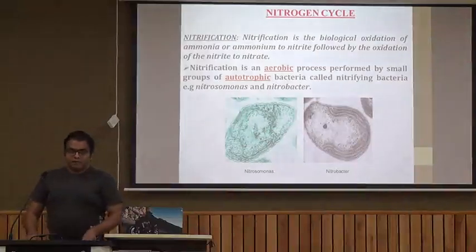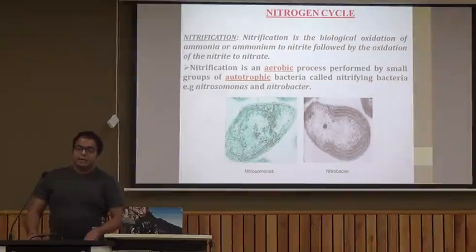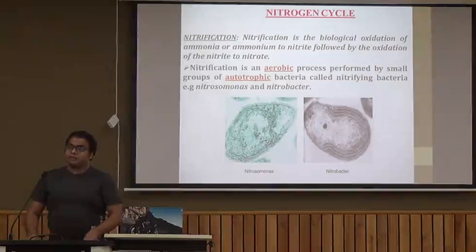Next step is nitrification. It is the biological oxidation of ammonia or ammonium to nitrite, followed by oxidation of nitrite to nitrate, or simply ammonia or ammonium is finally converted into nitrates. Nitrification is an aerobic process that requires oxygen and is performed by a small group of autotrophic bacteria including Nitrosomonas and Nitrobacter.